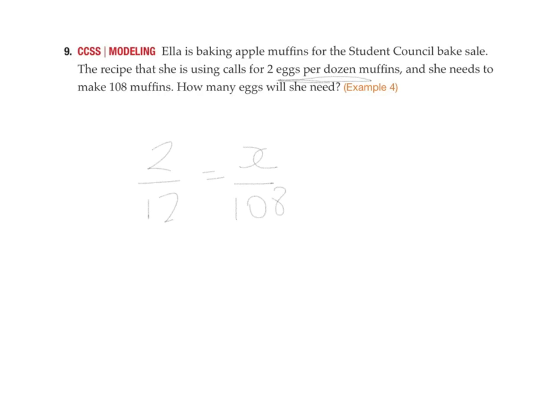Okay, there's your format, there's your ratio and proportion. Keep it going, cross multiply. 12 times x will give you 12x. 2 times 108 will give you 216, and then it's a case of dividing through by 12, so x is going to equal 18. So to make 108 muffins, she needs 18 eggs.